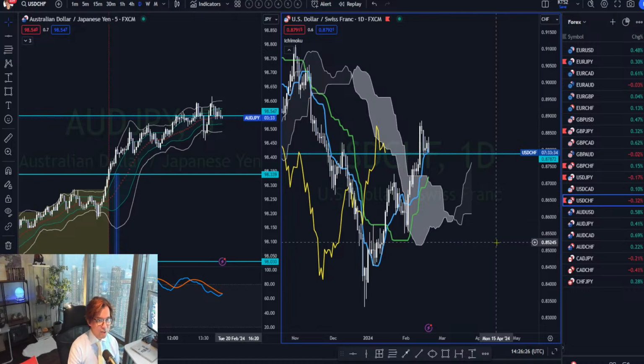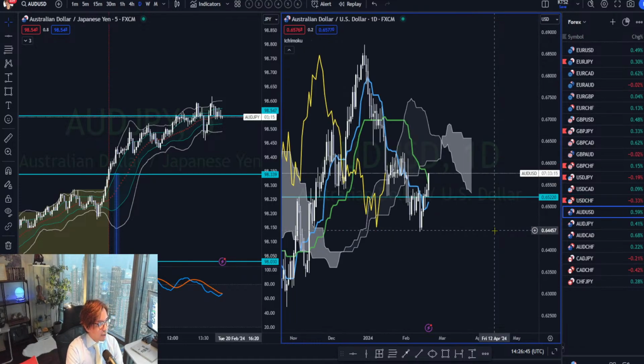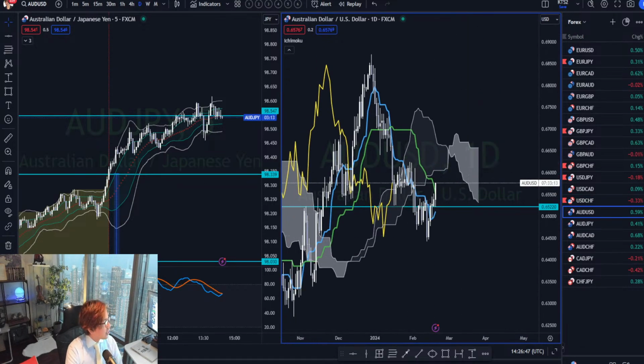Okay, so by now, hopefully you start to get the idea of how I look for the trending markets by the Ichimoku 5 lines. So let me continue now to AUD pairs. So AUDUSD. AUDUSD is now retraced, and the price is now above the Kijun Sen, and Chikou span is now touching.